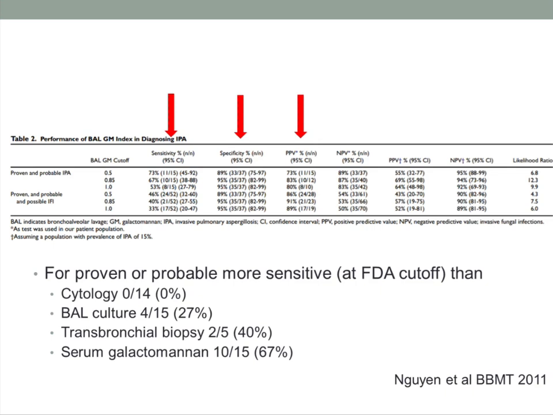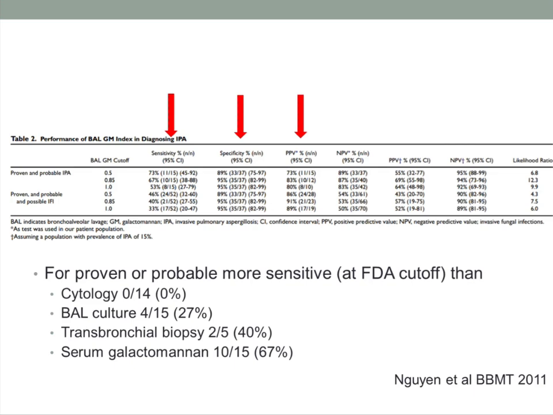The benefit of this is the galactomannan assay for invasive pulmonary aspergillosis actually performed better in terms of sensitivity, so not missing cases, than things like cytology, culture, biopsy, and even the serum galactomannan. So it depends on your cutoff, but it is a valuable test to have, and it's useful certainly when you're working up patients. I tell them, the bronchoscopy might not pick up everything, but I still get valuable, important information, and this is part of it.